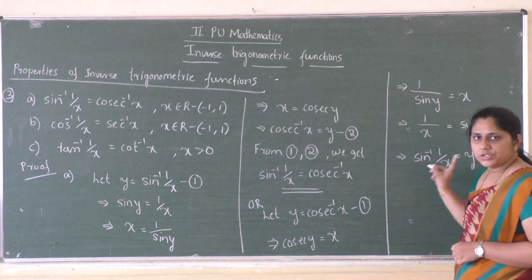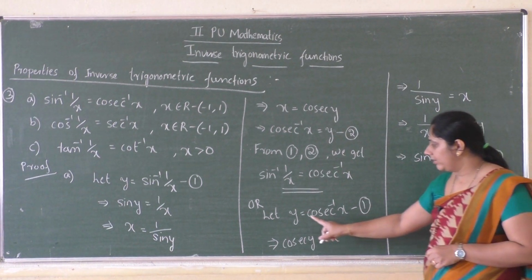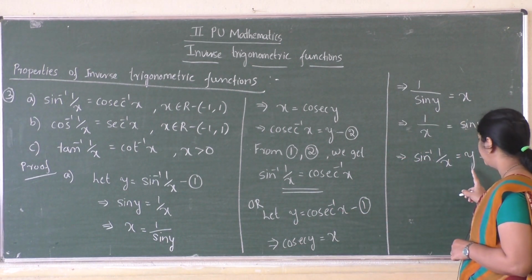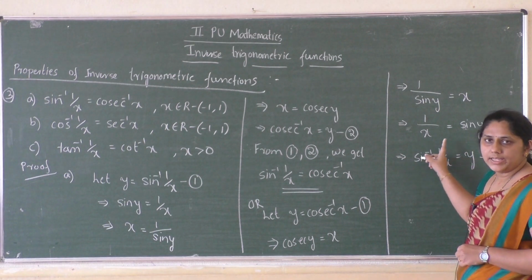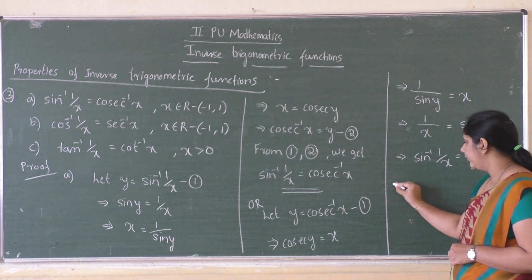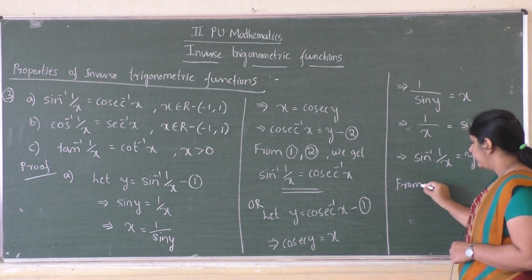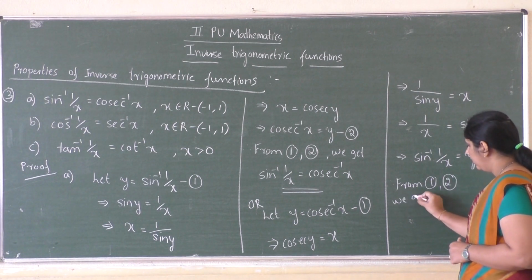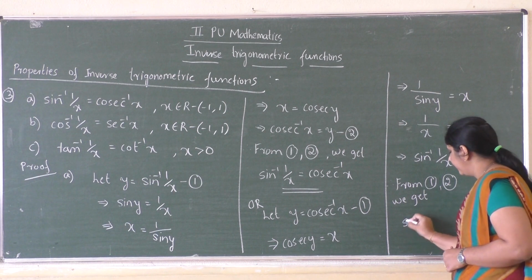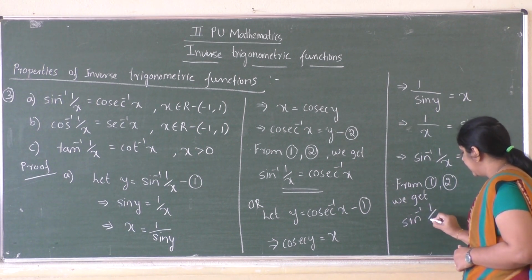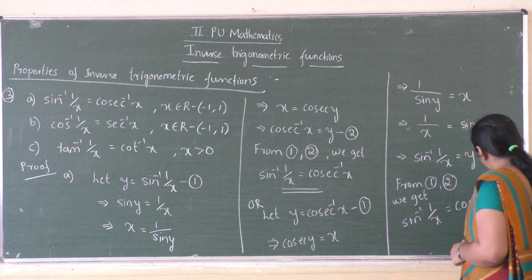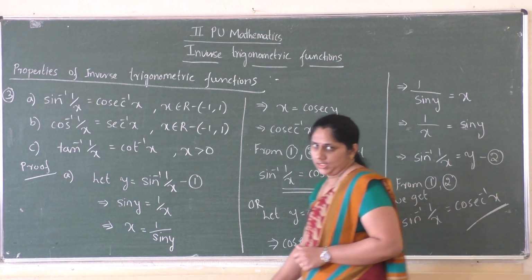Now, see both equation 1 and 2. In equation 1, we have y equal to cosec inverse x, and in equation 2, we have y equal to sin inverse 1 by x. Therefore, from 1 and 2, we get again same, that is sin inverse of 1 by x equal to cosec inverse x.